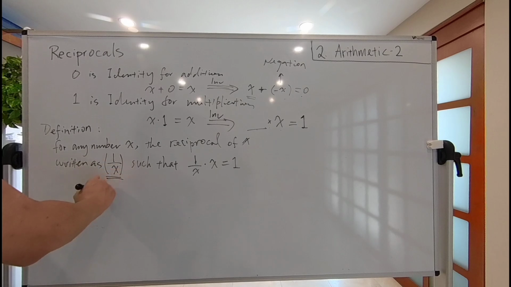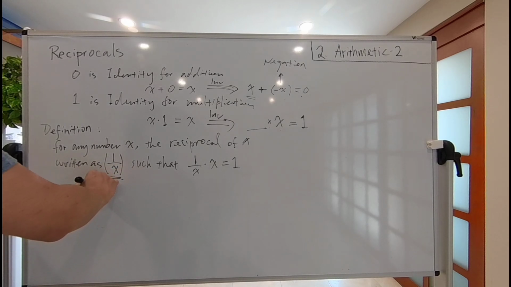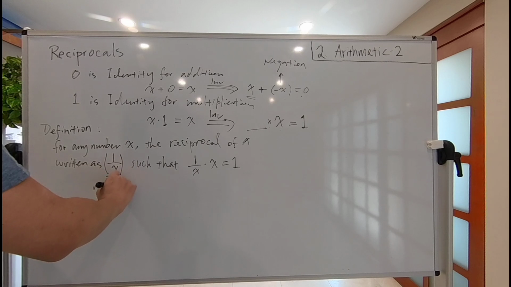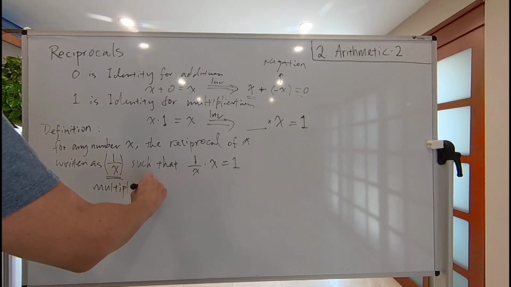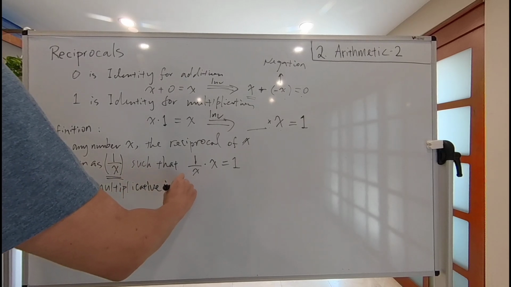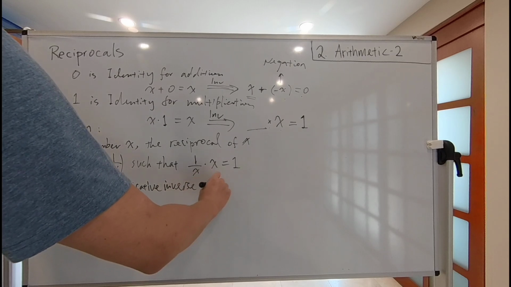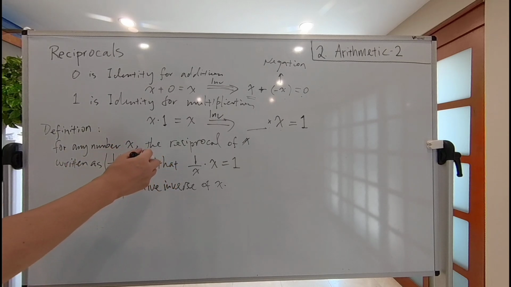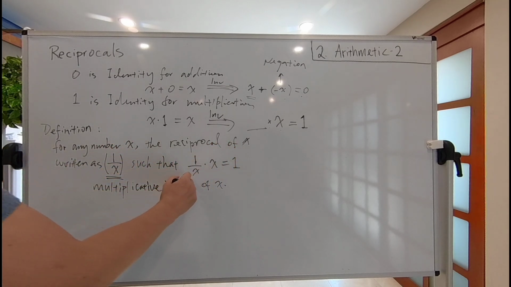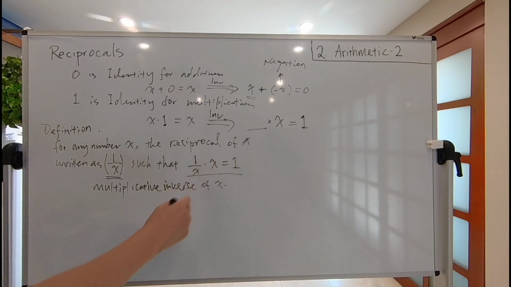This term is also called the multiplicative inverse of x. So basically these are just notations describing the reciprocal of x, and it is just as simple as 1 over x multiplied by x equals 1.